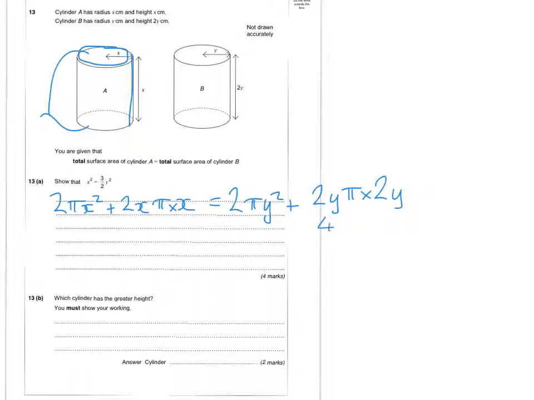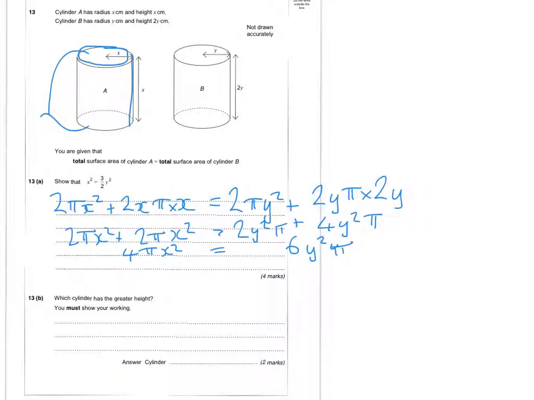So we have got 4y squared pi plus 2y squared pi. So that is 6y squared pi on this side. And then we've got 2 pi x squared plus 2 pi x squared. So altogether we have 4 pi x squared on this side.